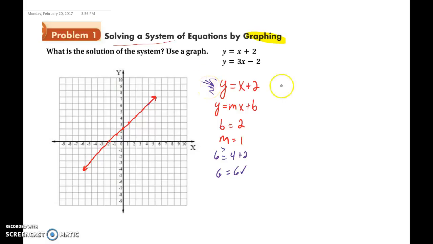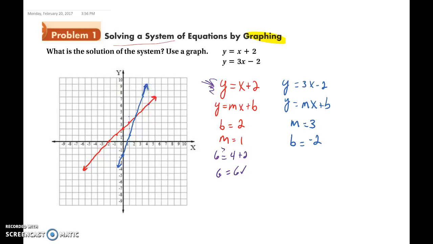The second equation, y is equal to 3x minus 2, I'm going to do in blue. Same thing, we know y is equal to mx plus b. So my slope is equal to 3, and my b is equal to negative 2. That means my y-intercept is down here at negative 2, and my slope is up 3 over 1, up 3 over 1, up 3 over 1. All right, so I know that this is the graph of my blue equation.